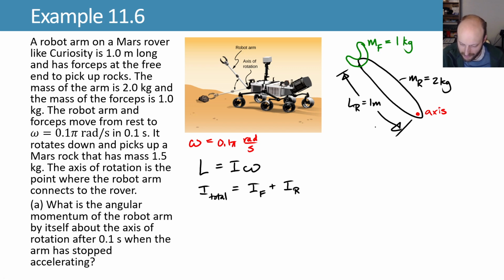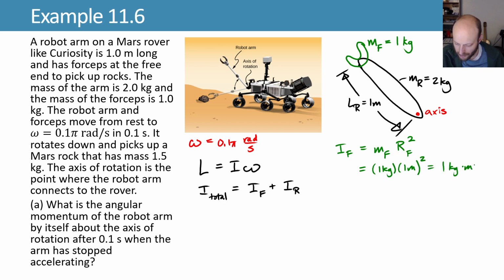From the forceps, let's see if we can do this. The I for the forceps, when we're considering this moment of inertia about the axis of rotation here, we'll treat it as a point mass with the mass of the forceps times the distance to where the forceps are, squared. That's 1 kilogram times that 1 meter arm squared, which gives us 1 kilogram meter squared of moment of inertia.